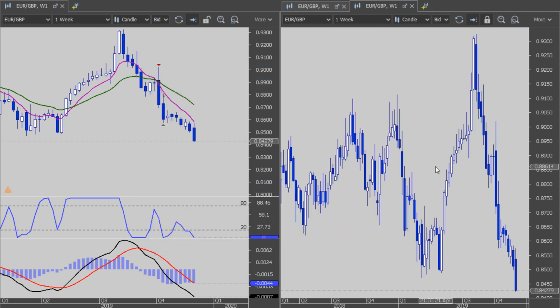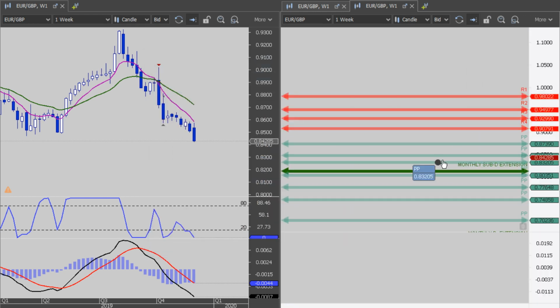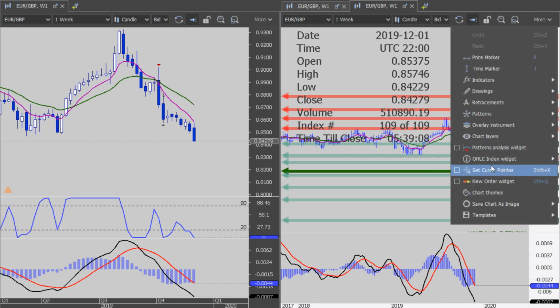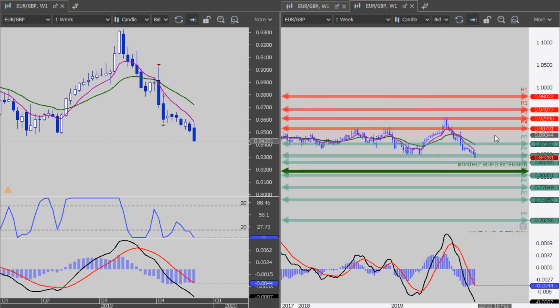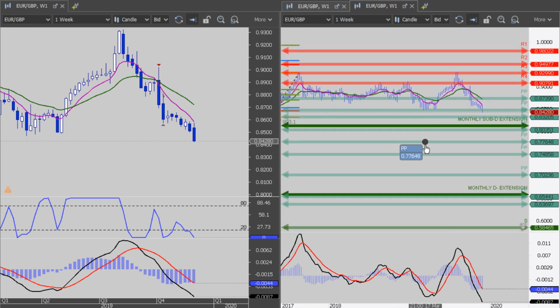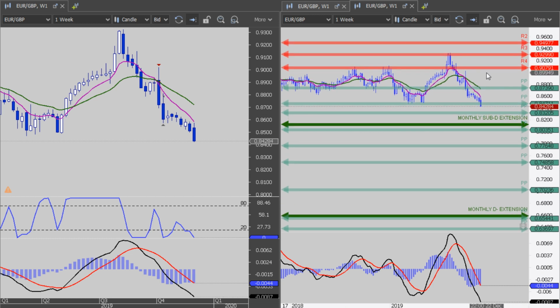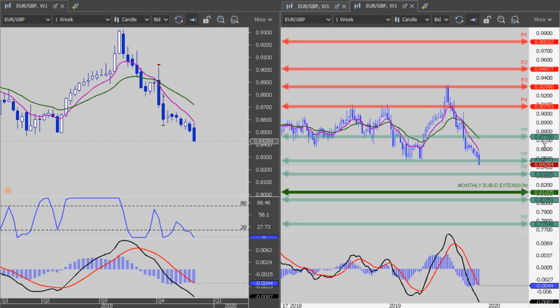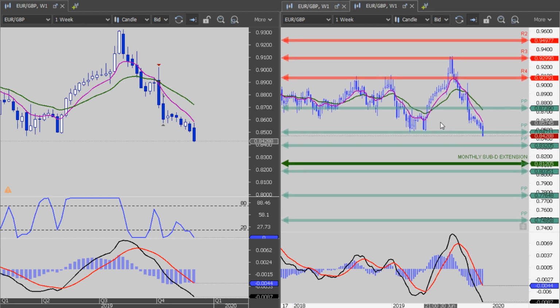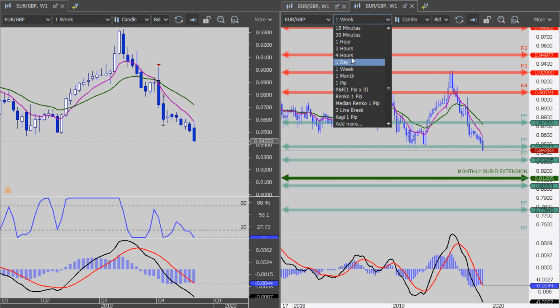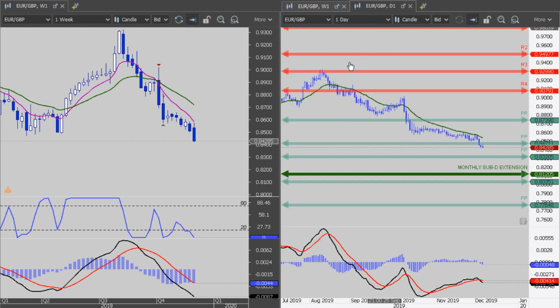I'm using it as an entry indicator. Okay, now let's disable. So this is the weekly, right? Now, of course, I don't have enough risk capital, everybody, for me to enter on the weekly, so I'm going to move it on the daily chart.